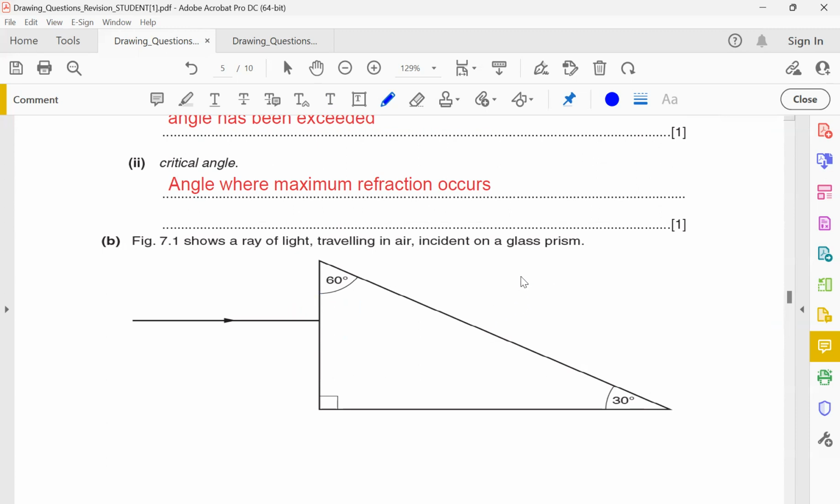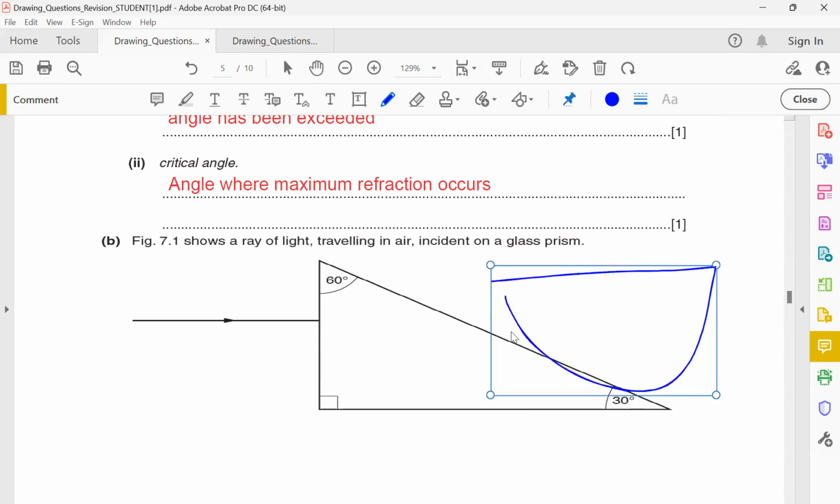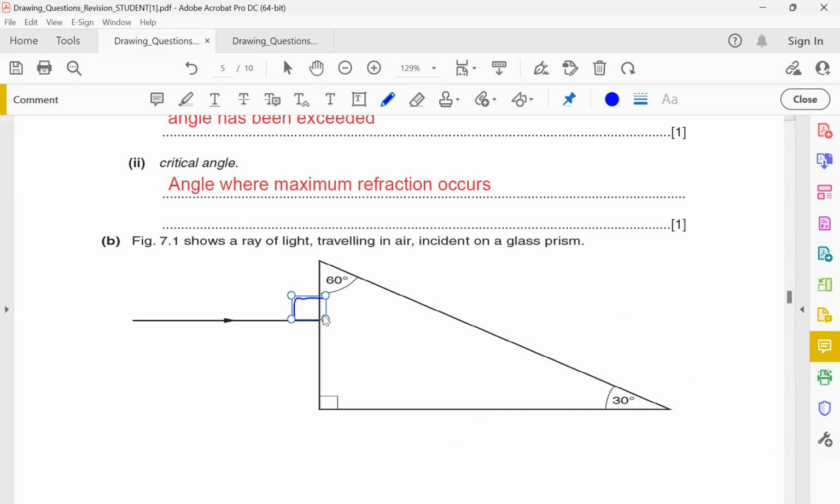Even if I have a half glass prism here, and I have one light ray that's traveling in here at 90 degrees, it will not go through refraction also, it will go directly straight. Only when it's at a specific angle that is not 90 degrees, it will go through refraction or reflection. In this case, because it's traveling at 90 degrees, you're supposed to continue it straight all the way here.